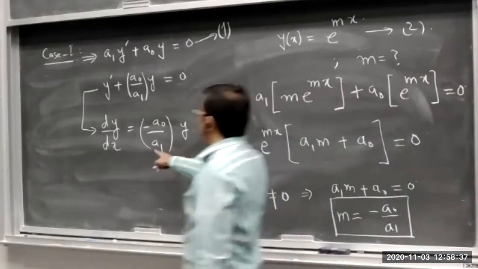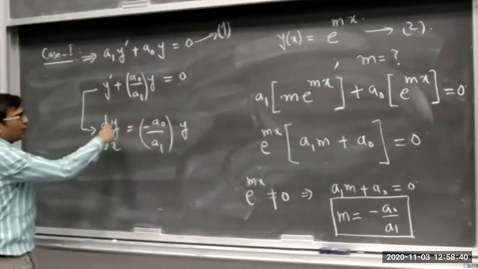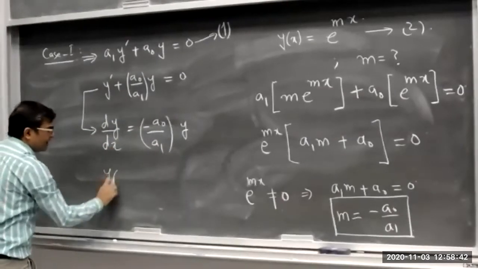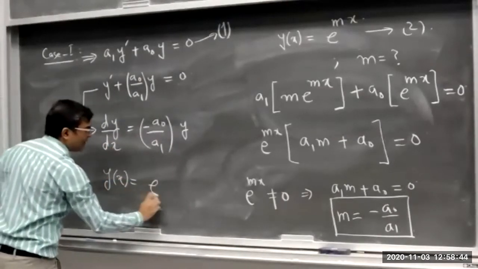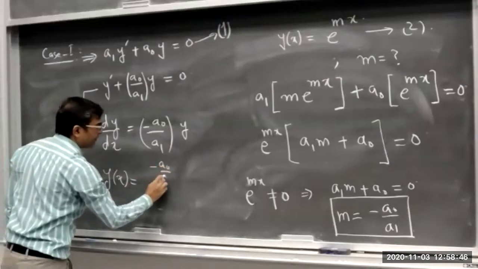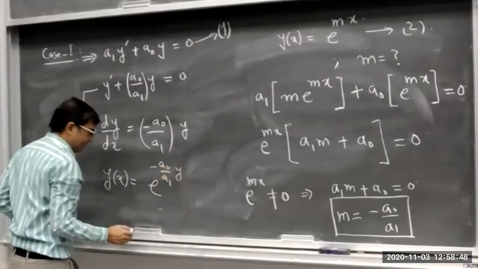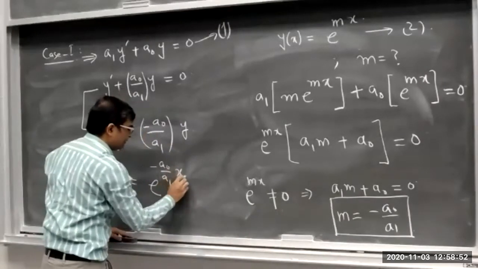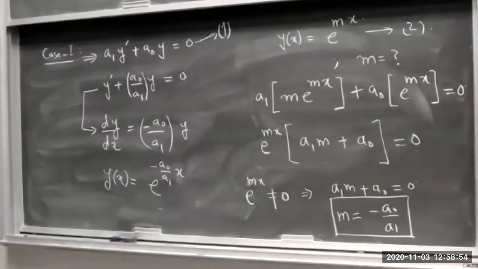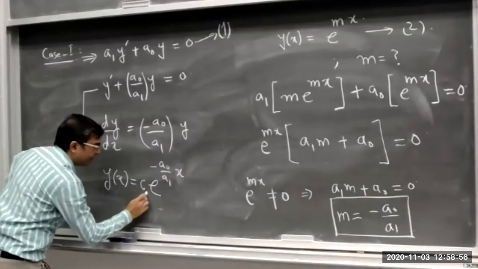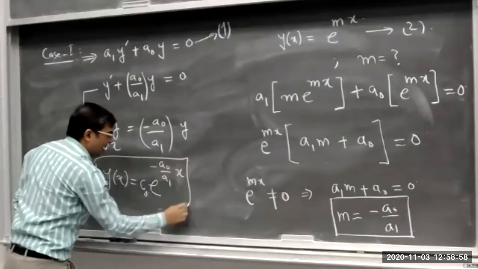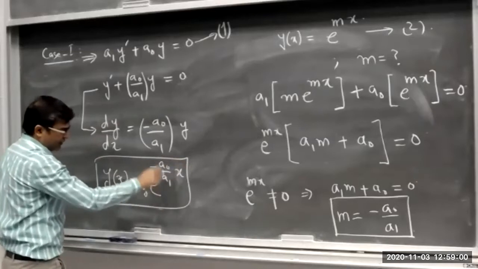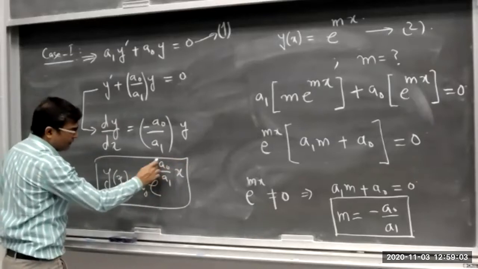अगर हम इसको सॉल्व करें इस इक्वेशन को, तो आपके पास सॉल्यूशन क्या आएगा? y of x is equal to e raised power negative a naught over a1 times x, ये सॉल्यूशन होगा, some constant times. अगर आप यहाँ पे if you look at this solution closely, what is this?